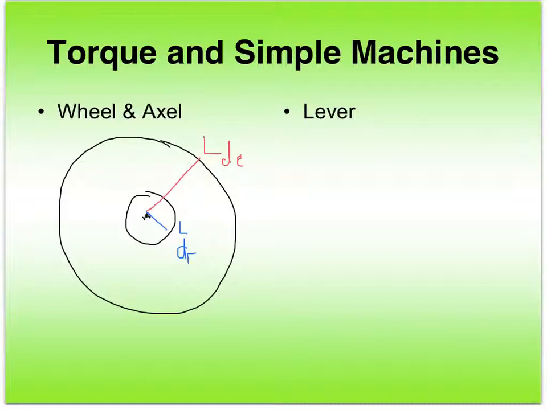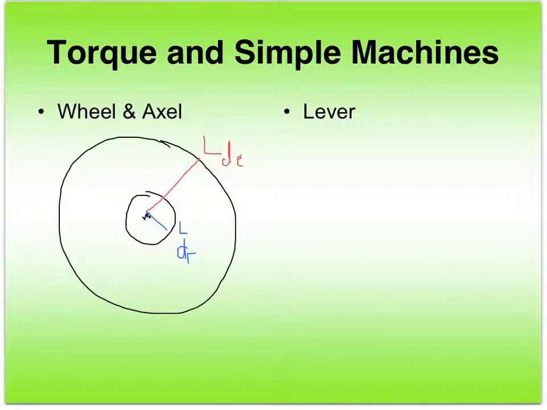A longer radius for your effort would create a longer circumference for your effort. A shorter radius for your resistance would create a shorter circumference. So I would apply less force for a longer lever arm to turn this wheel and axle.